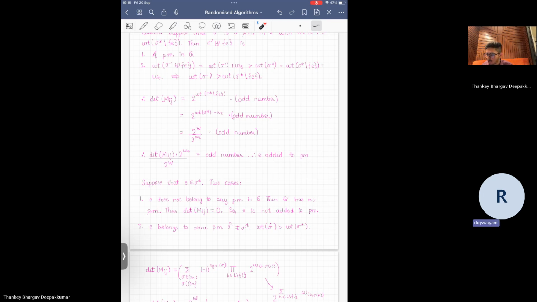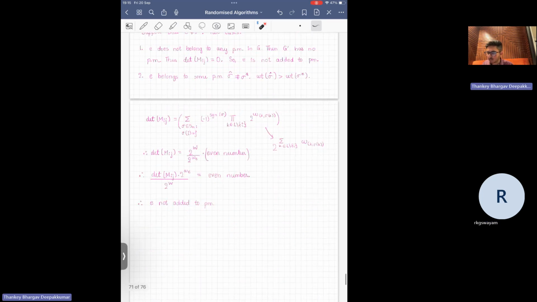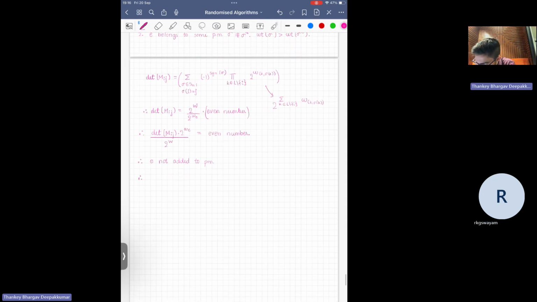The only thing remaining is edges which belong to some other perfect matching, and we showed that even those edges won't be added. So now PM is exactly sigma star, and we are done.